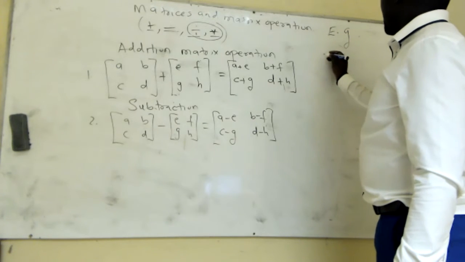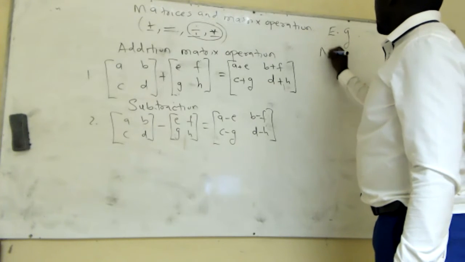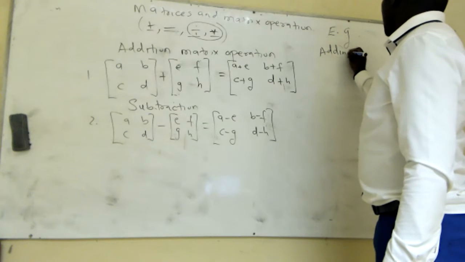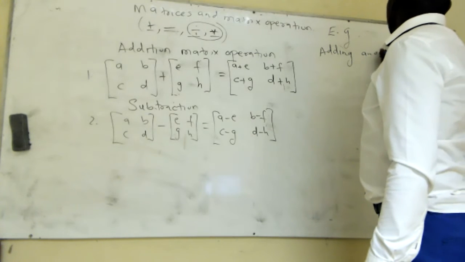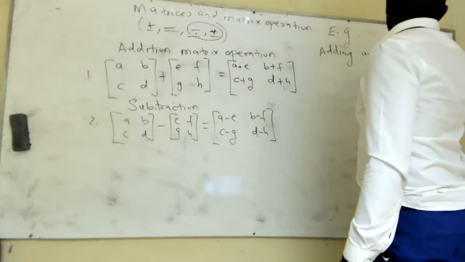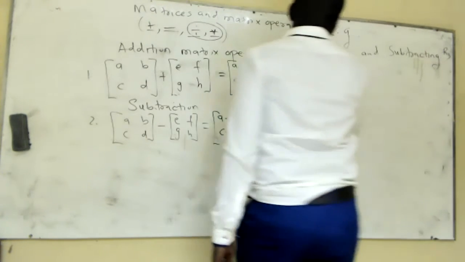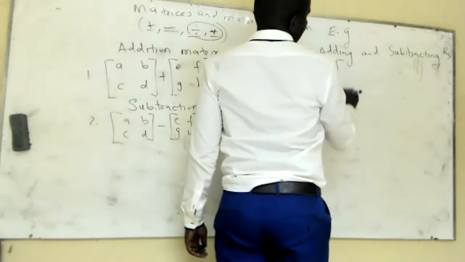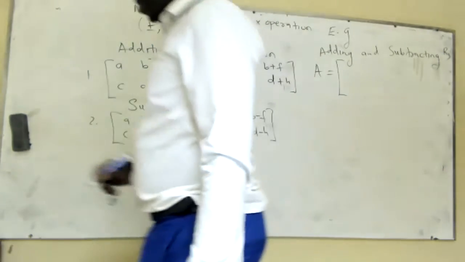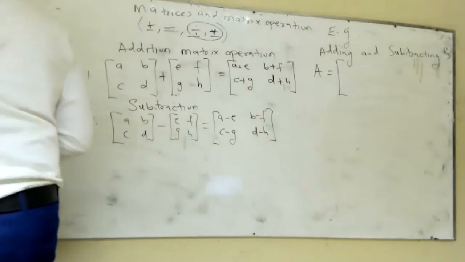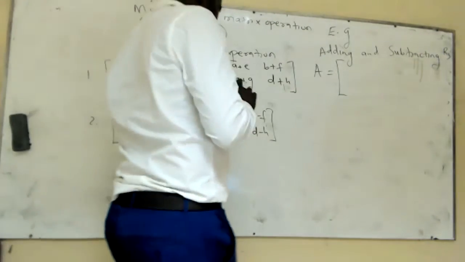Let's say we want to add and subtract. Let's say we have a matrix. Let me take the matrices which are given here.